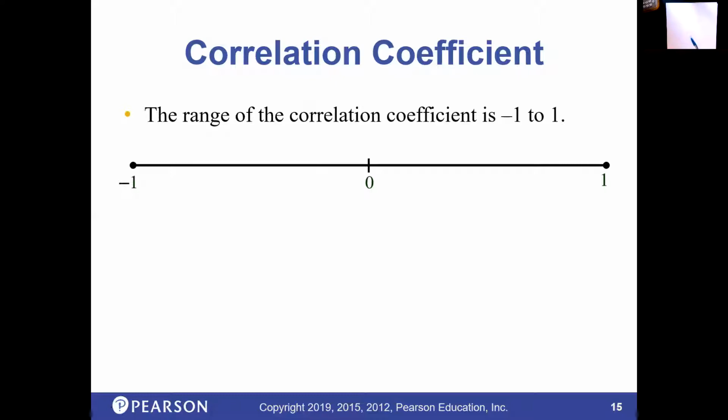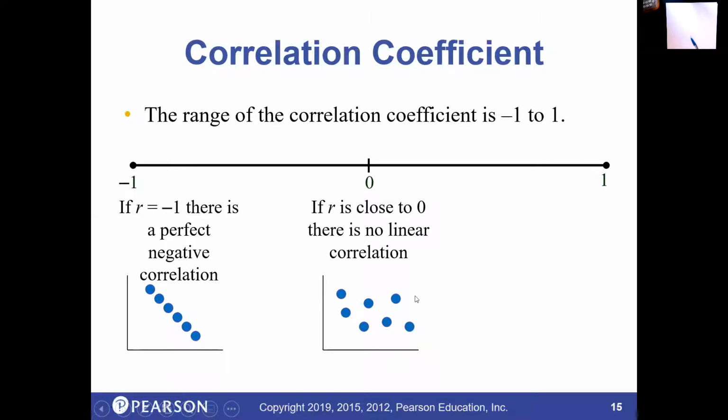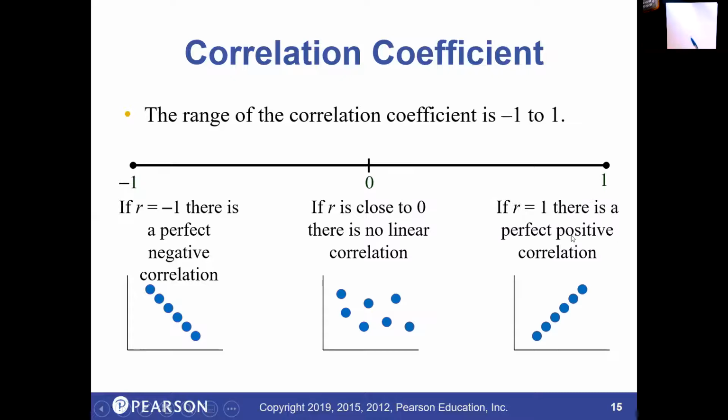That's pretty high, so that's pretty good. It can also be negative, and that simply means the line is going down. So if you have -0.95, that's still a strong correlation. If it's -1, that's a perfect decreasing line. 0 is no correlation. 1 is a perfect positive correlation.